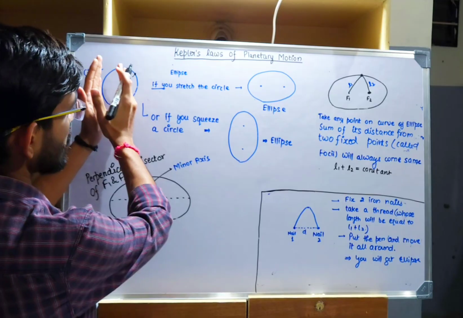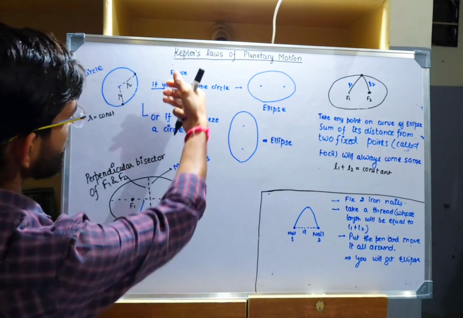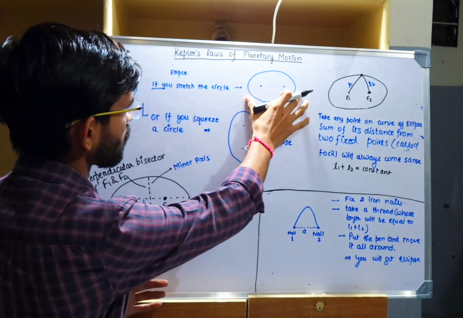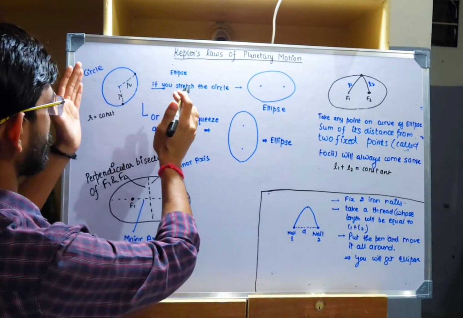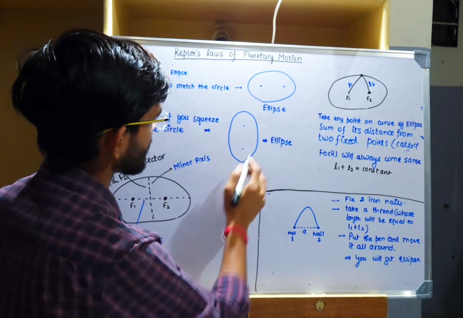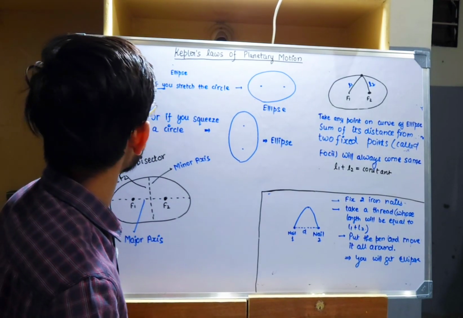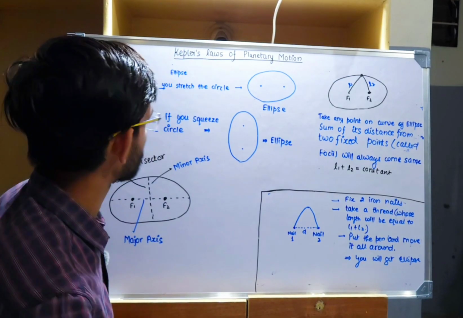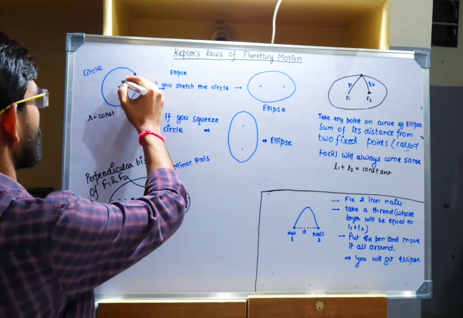If you stretch a circle like this, you will get an ellipse. This is a horizontal ellipse, and if you skew the circle like this, then you will get a vertical ellipse. So what is the difference between a circle and an ellipse?